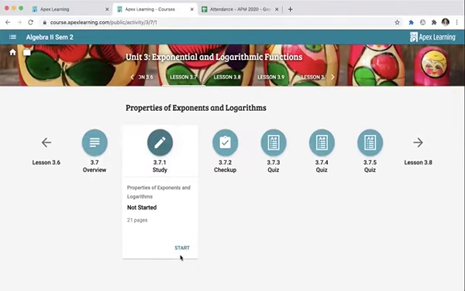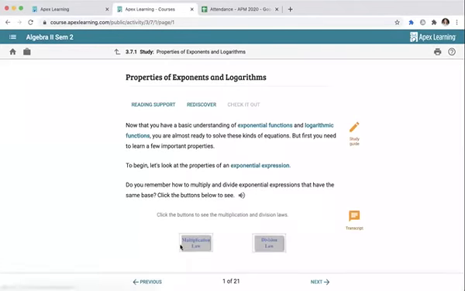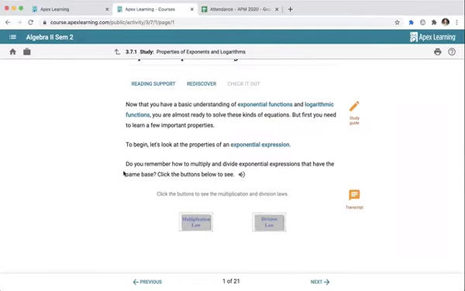All right, so if we look at 3.7 to start with, we're going to talk about the properties of exponents and logarithms. That's obviously the name of the game of this entire unit here. We kind of have a basic understanding of what they are now, and we know that exponential and logarithmic functions undo each other here.